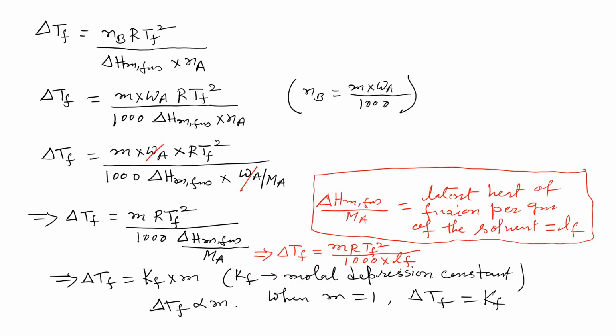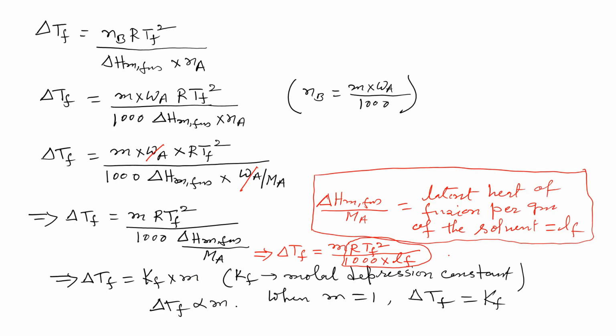Now you see, this R is constant, TF, the freezing point of the pure solvent, is constant, 1000 is constant, LF, latent heat of fusion per gram of the solvent, is constant. So this whole term is constant. So delta TF we can write as some constant KF into molality.